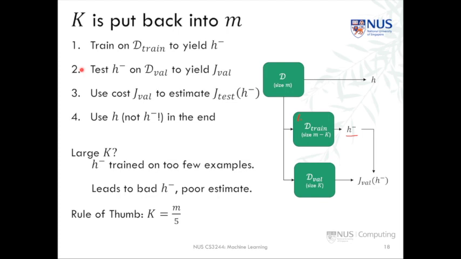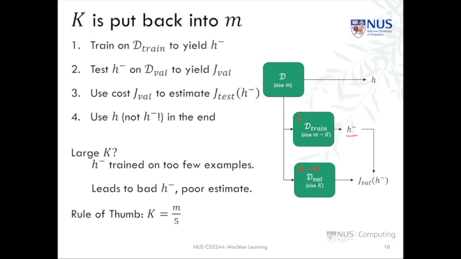Then we're going to test the hypothesis to see how accurate it was. We're going to use it on the validation data set, which it didn't have access to when we were training it, to yield a cost estimate for the validation. This is going to give us the estimation of the test cost of this hypothesis, with the added benefit of being able to divide through by a factor of k in terms of our variance, getting a more accurate estimate of our test cost.